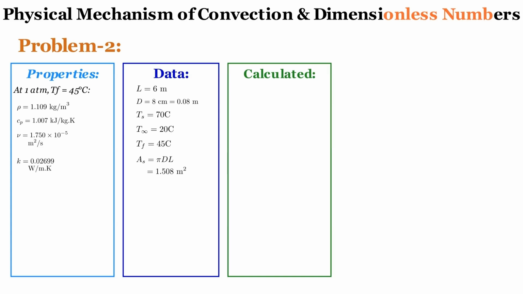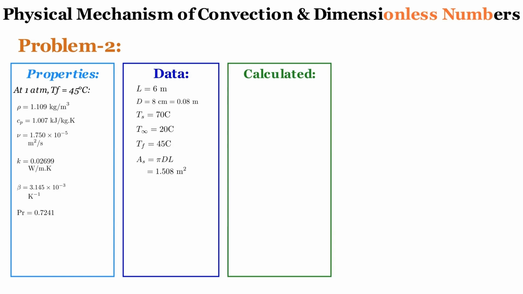Thermal conductivity, k, is 0.0299 watts per meter Kelvin. The thermal expansion coefficient, beta, this is important for natural convection, is 3.145 times 10 to the minus 3 per Kelvin. And the Prandtl number is 0.7241. Perfect. Everyone has all the data?